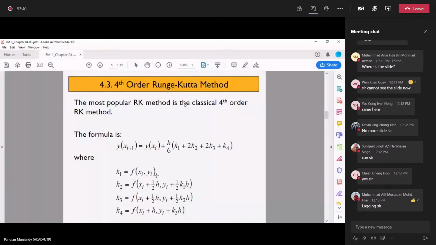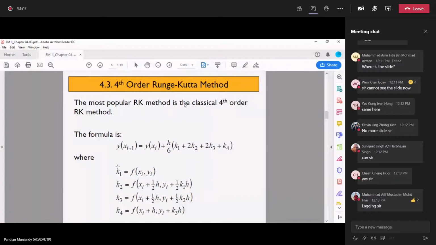Just put the x0, y0, you calculate, you found K1. But when you calculate K2, this is the problem. The x becomes xi plus half h. H will be given, so you know already the x input. The y input is slightly different: yi plus half K1 h. The K1 you already calculated here.